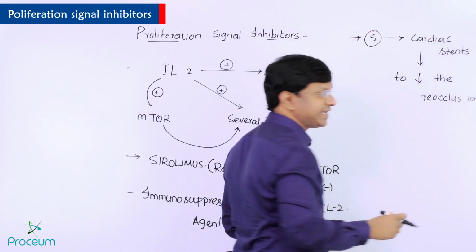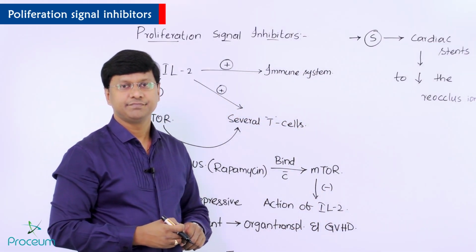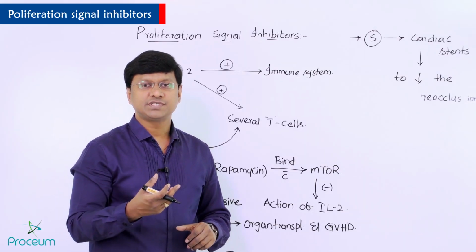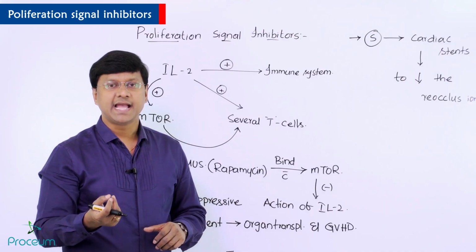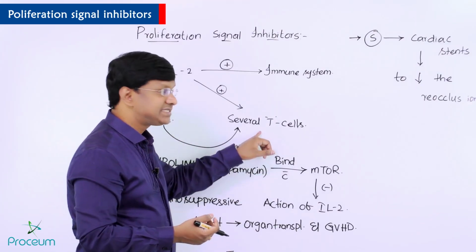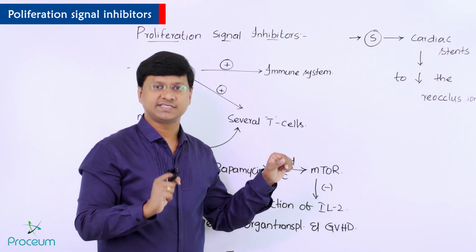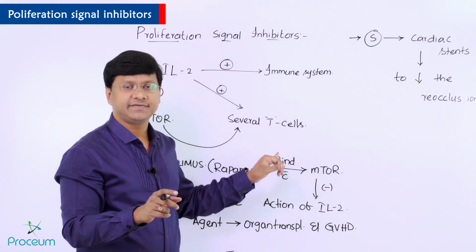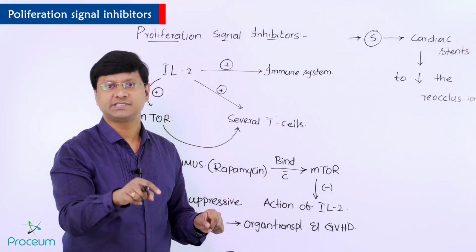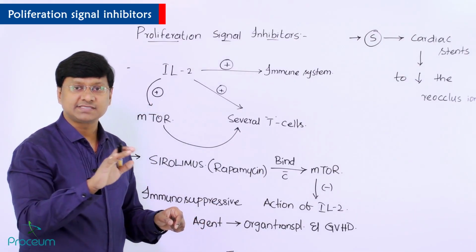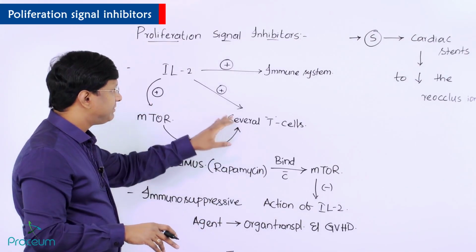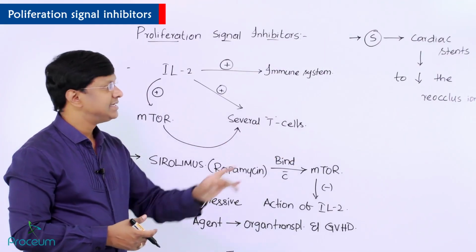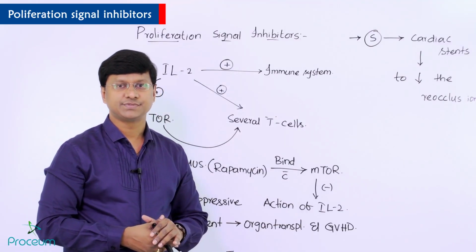Once the stent has been placed into the coronary artery, the stent is a foreign body to the coronary artery. So the immune system of the individual will try to activate the T cells against that stent. To prevent T cell activation against the stent, if you apply Sirolimus to the stent, there will be immune suppression, and thereby no activation of T cells against the stent, and the chances of reocclusion will be reduced.